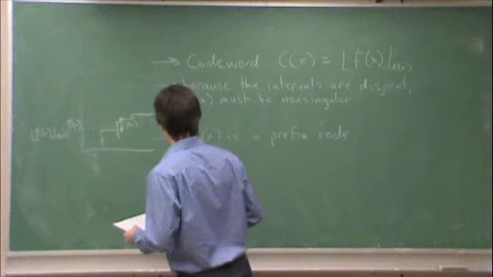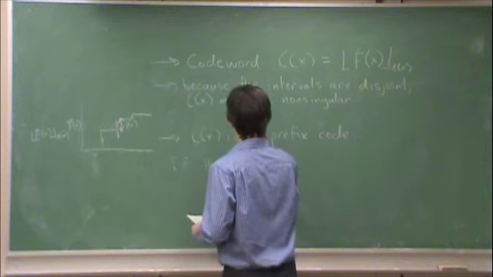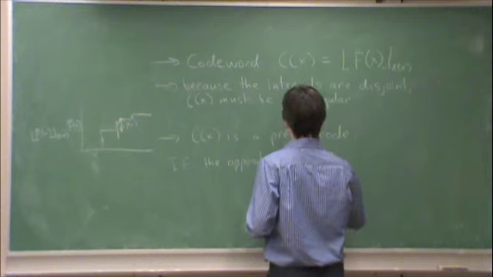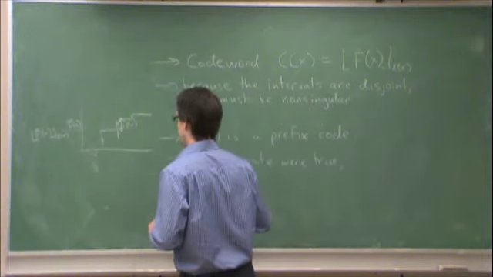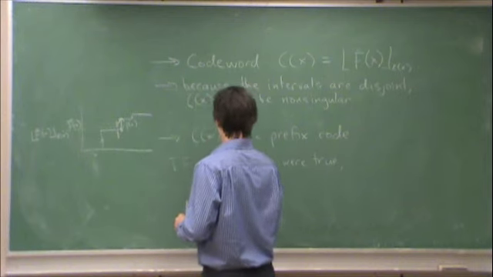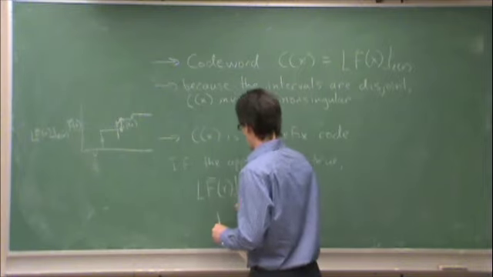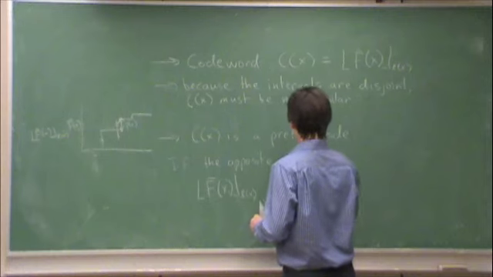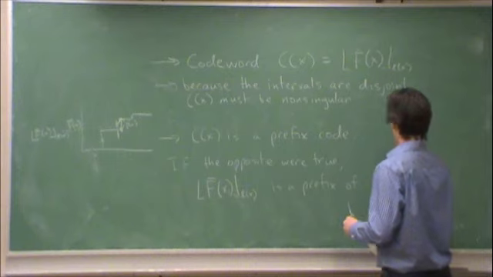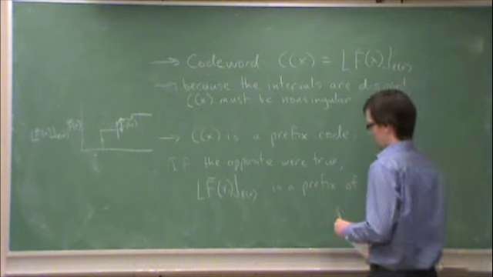If the opposite were true, then it would have to be the case that some value of this for x1 is a prefix of f bar of x2 sub L of x2 for some x1 and x2.